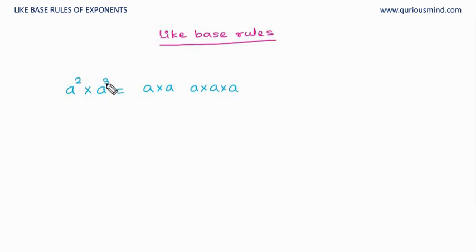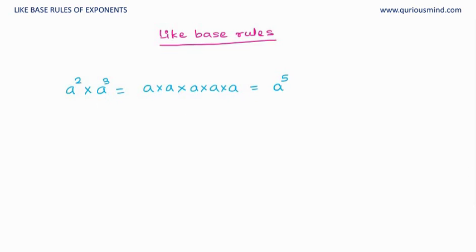Power is 3, so 3 times. Now when we want to multiply them, what we get is a multiplied by a multiplied by a multiplied by a multiplied by a. So a is multiplied 5 times with itself, and that indicates it is a raised to 5.